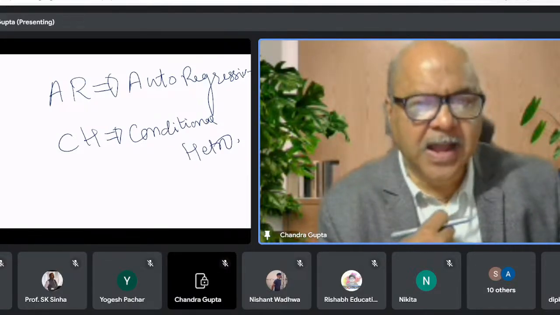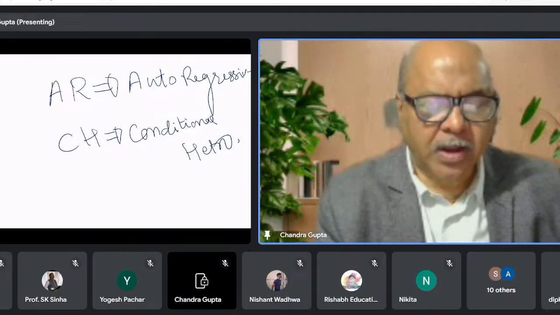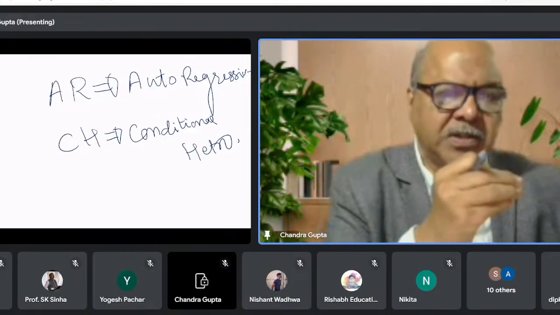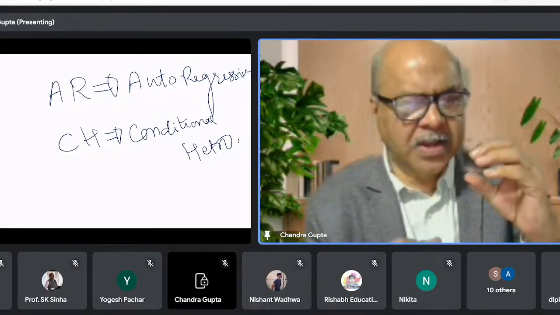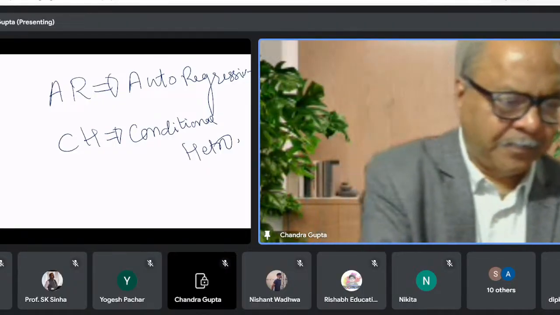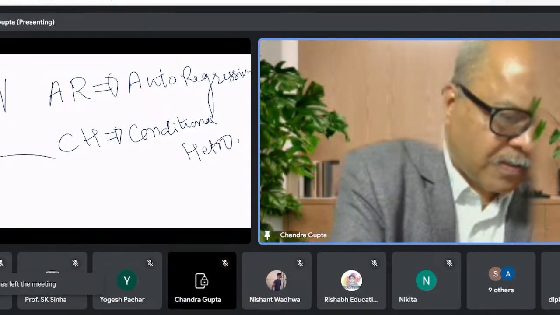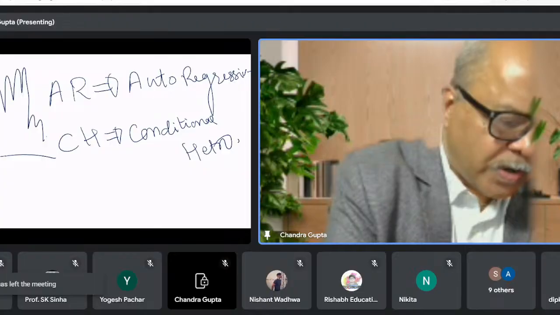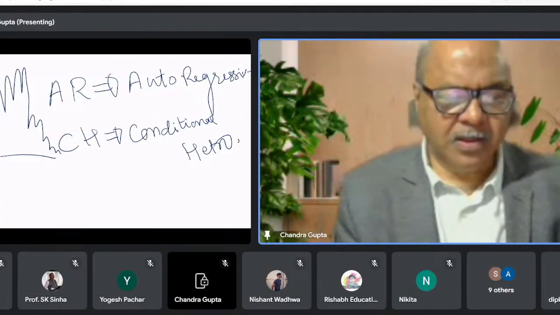And in this case, I am assuming that what variance we have today depends upon the variance we have yesterday. Because we have what is called a variance clustering property. So today's variance depends upon the previous day variance.